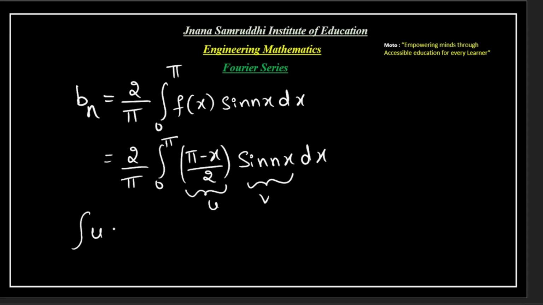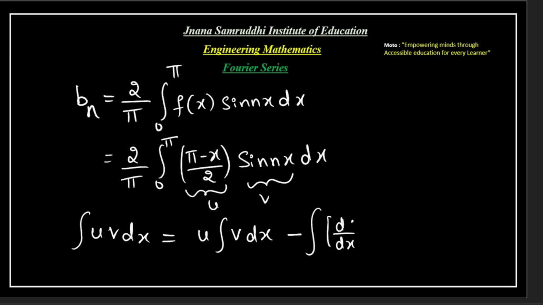Integration of uv dx will be equal to u, keeping it as it is, times integration of v dx, minus integration of d by dx of u times integration of v dx. This is the formula for integration by parts.